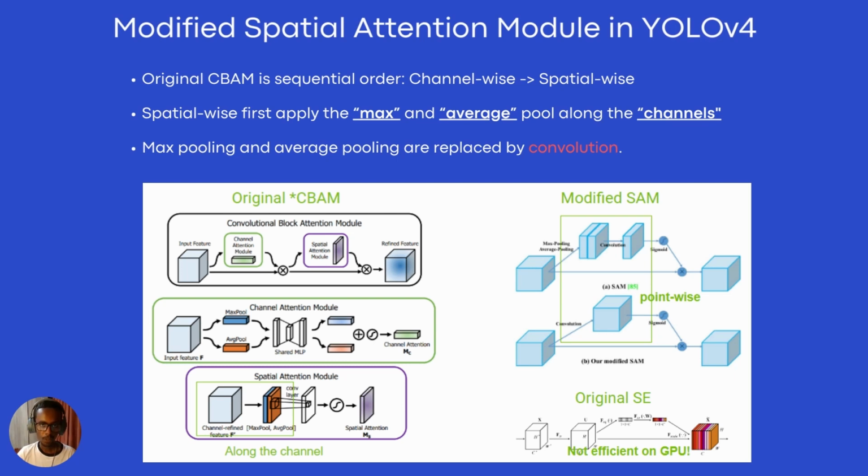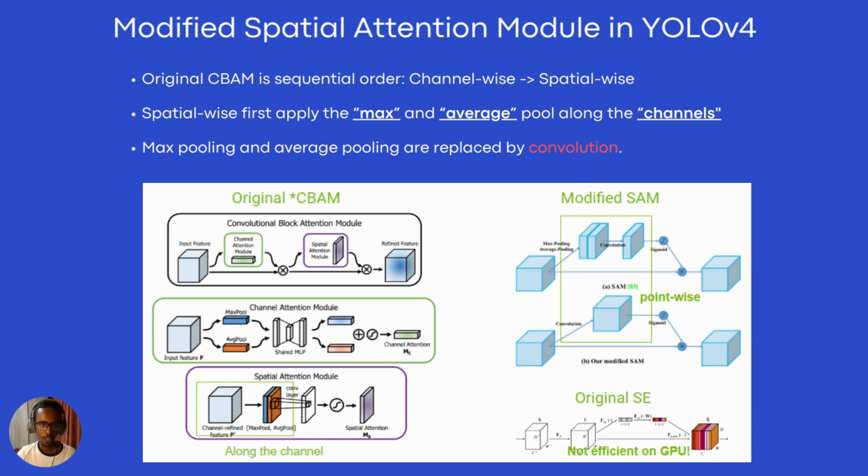Now, the modified spatial attention module in YOLOv4. The authors in YOLOv4 did not want to use the original convolutional block attention module. They decided that they do not need the channel attention, and they wanted to use the spatial attention module only. When we talked about the spatial attention module, we performed both max pooling and average pooling along the channels.